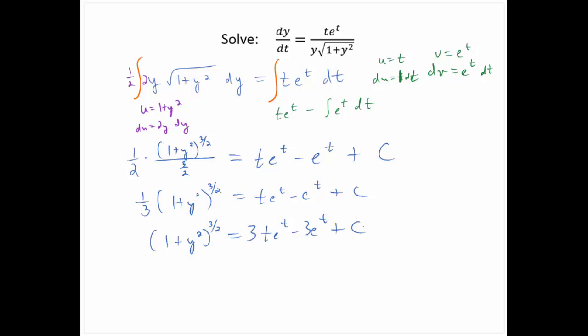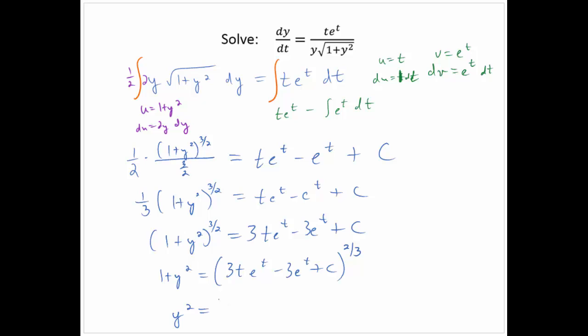All right, now I'd like to at least isolate the y squared. So I'll raise both sides to the 2/3 power. So 1 plus y squared would equal the quantity 3t e to the t minus 3e to the t plus c, to the 2/3 power, and then I'll subtract the 1.